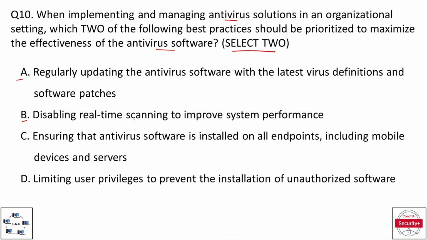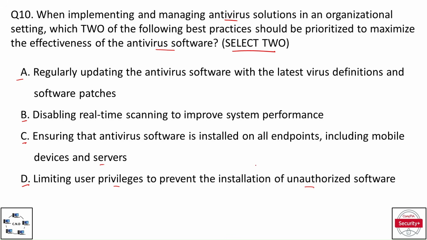Option B, disabling real-time scanning to improve system performance. Option C, ensuring that antivirus software is installed on all endpoints, including mobile devices and servers. And option D, limiting user privileges to prevent the installation of unauthorized software.